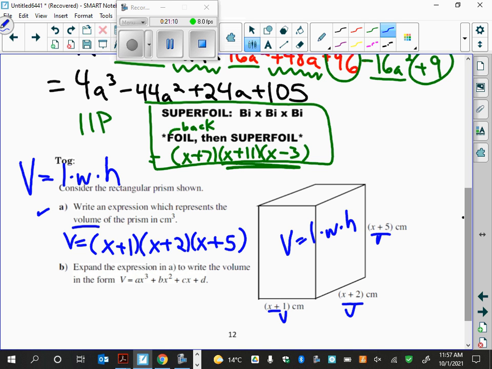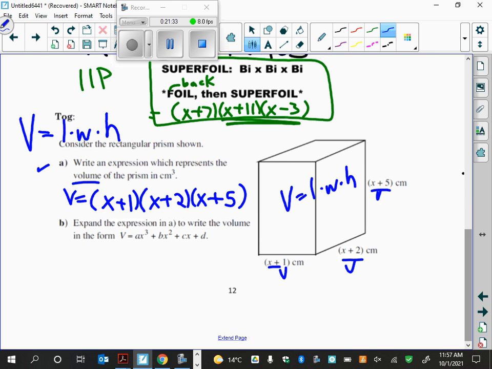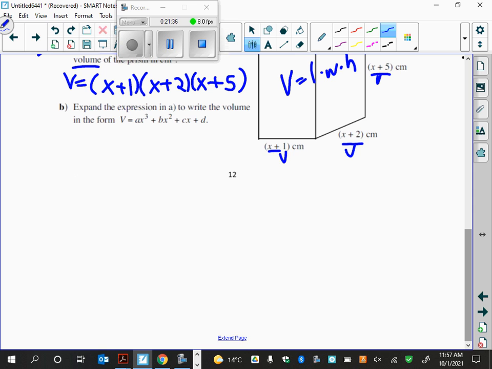But yes, x plus 1 is the shortest. Good job, chocolate bar champion.